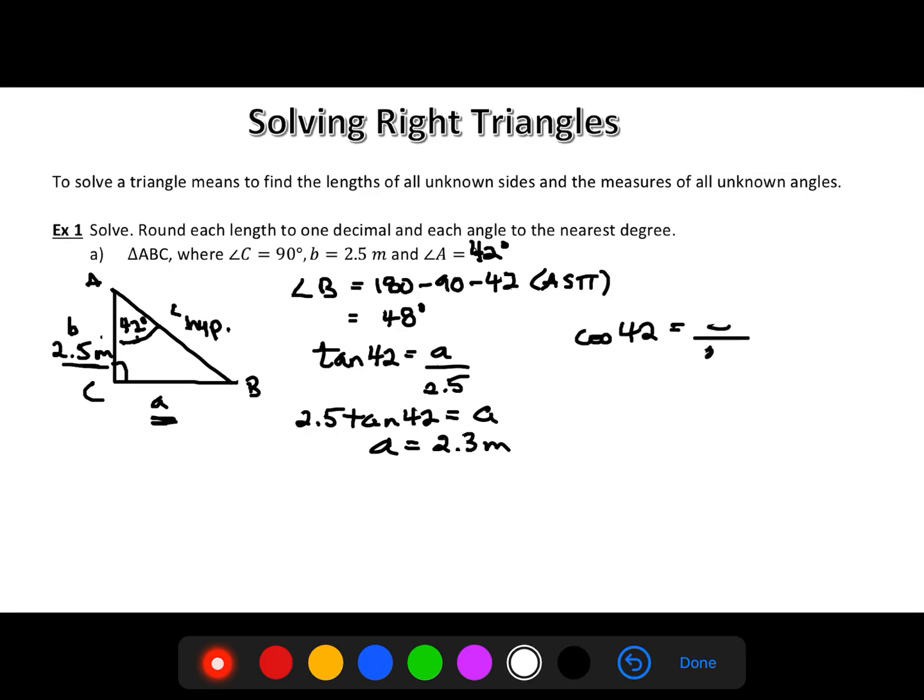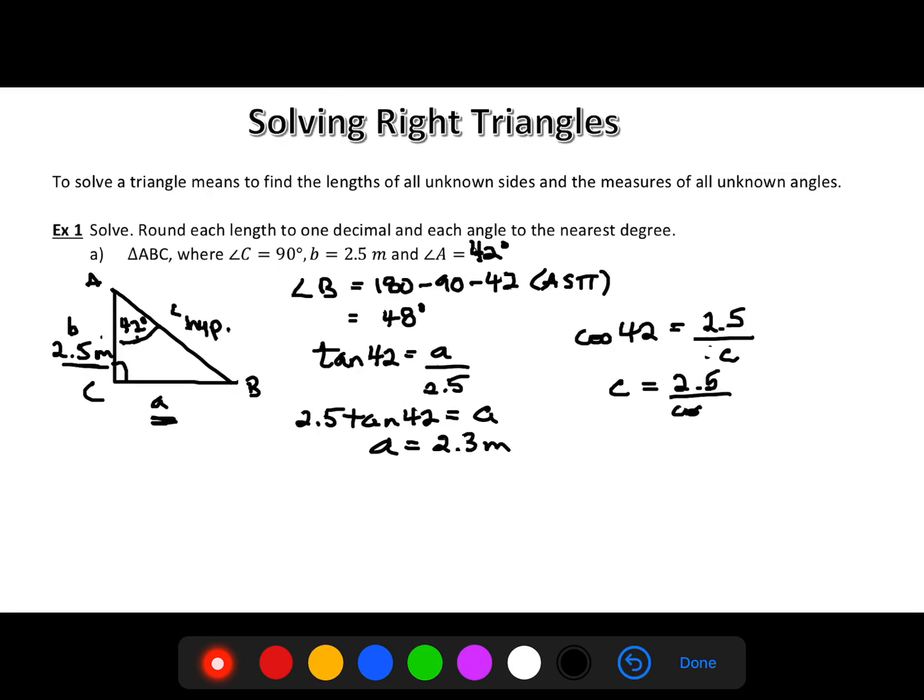So we're going to use cosine of our 42-degree angle, which is our adjacent over our hypotenuse, which means that it's going to be 2.5 over side c. We can't solve for it on the bottom, which is why we bring it over to the other side.